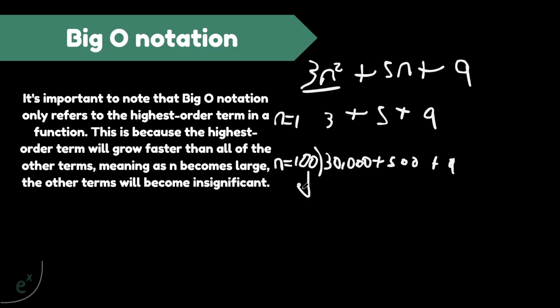As n increases further, this gap will only serve to increase. Hence, as n grows, the other two terms become insignificant, and it's only our highest order term that we need to base our order on.